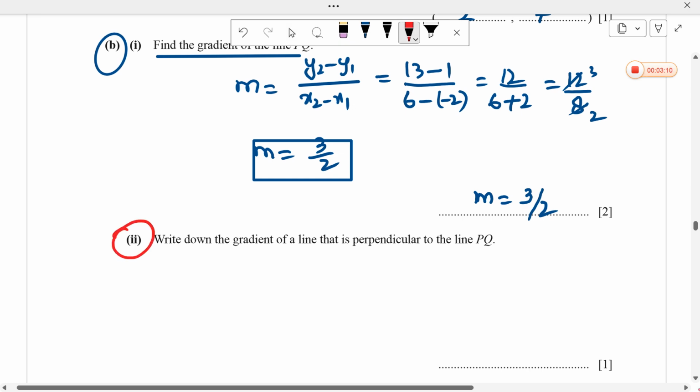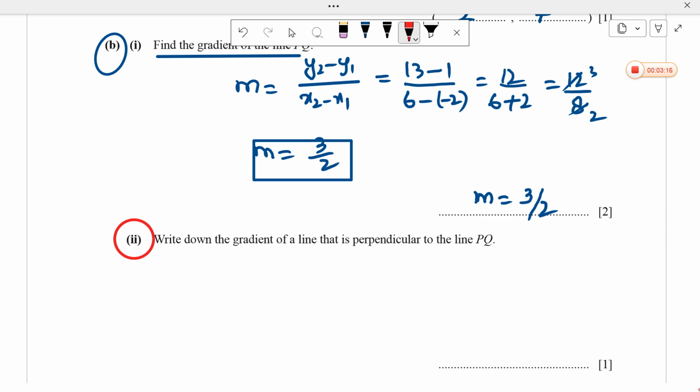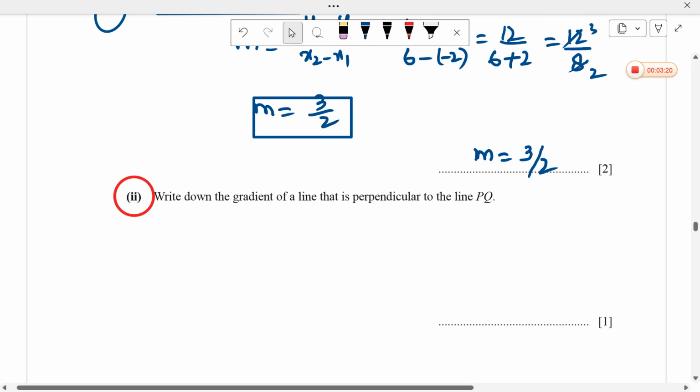Now part B, part 2. Write down the gradient of a line that is perpendicular to the line PQ.